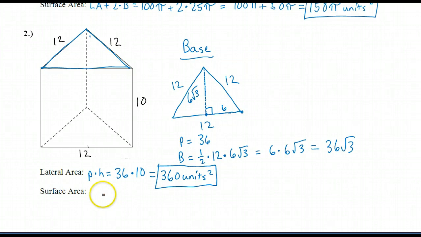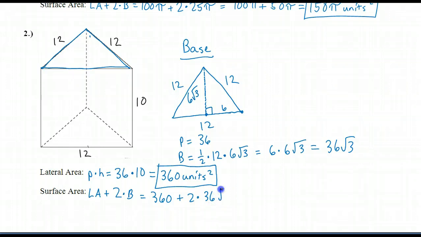The surface area is going to be my lateral area and a top and a bottom. So I want my lateral area, 360, and a top and a bottom, 2 36 square roots of 3's.